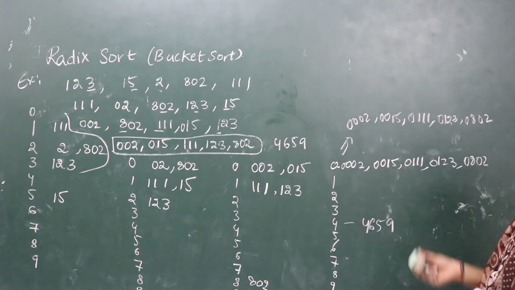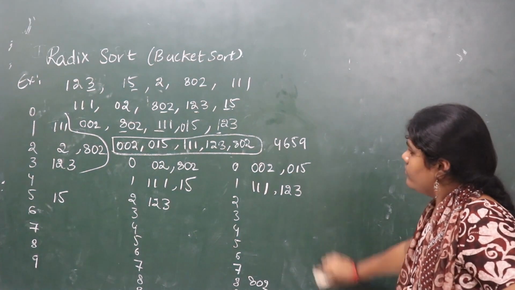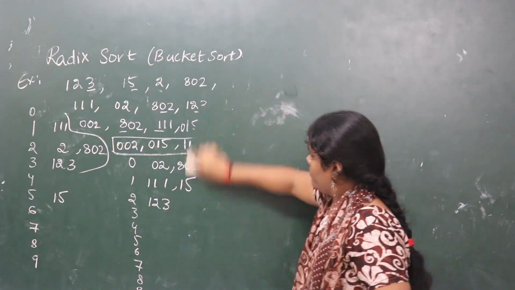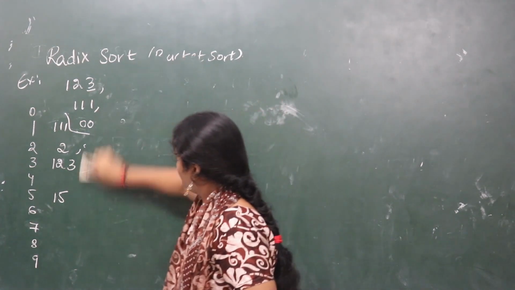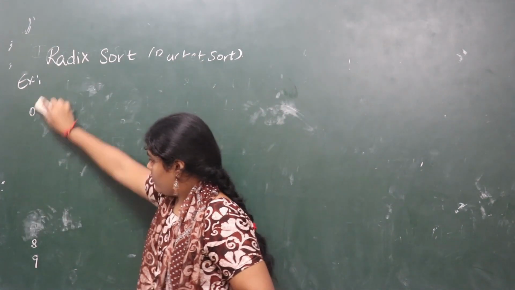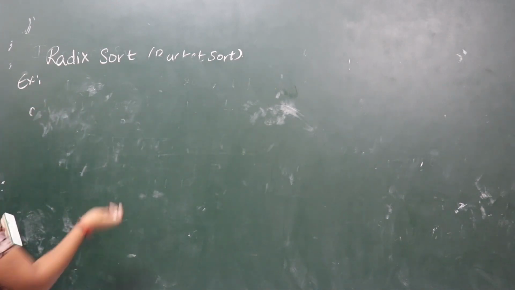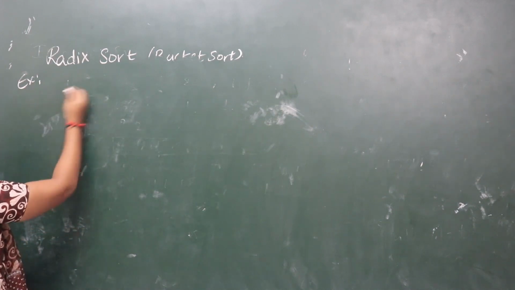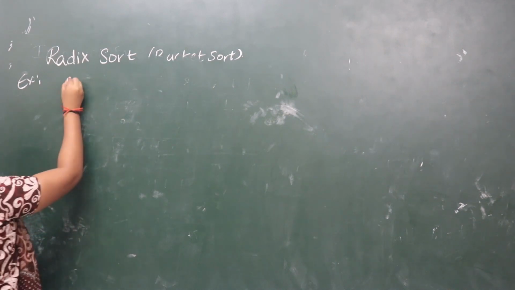Thousands. So we will see another example for this Radix sort. Using another example, we will go for the Radix sort, and this time I am going to take all the elements as 3-digit numbers.